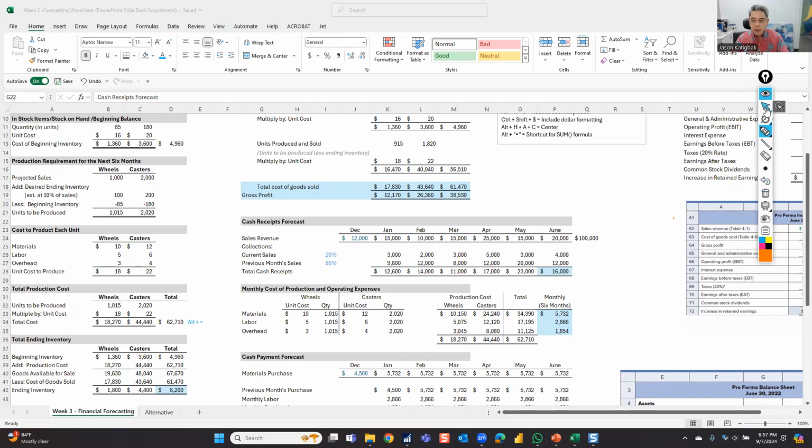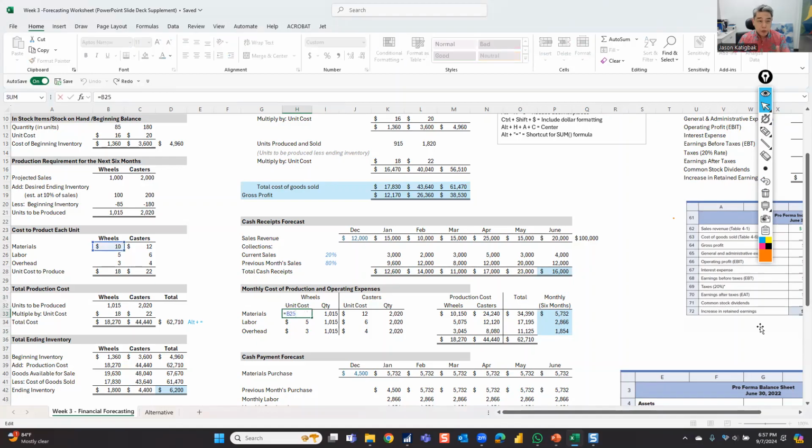So what happened on the problem is that, remember we have two products, wheels and then casters, and then each one has the unit cost, the one that we produce, right? I'm linking it here with 10, 5, and 3. You might not see the 10 right now.